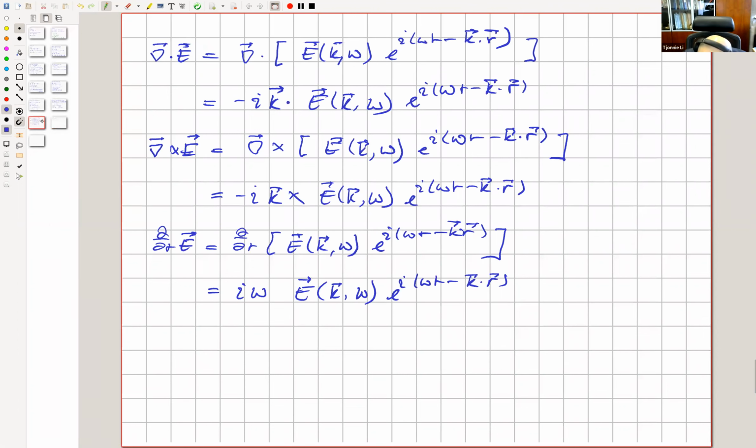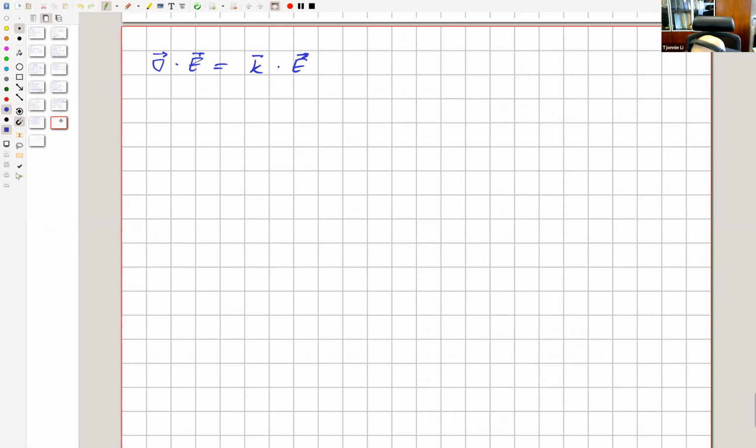Because if I look at here, the divergence is just negative i k dot E, in which case I just get something that is k dotted with E, or proportional to, if you want to stick the i's and stuff in there. But the important thing is that this equals 0.